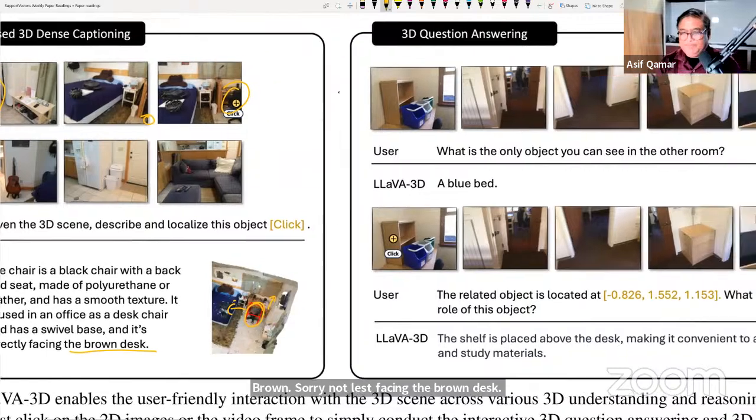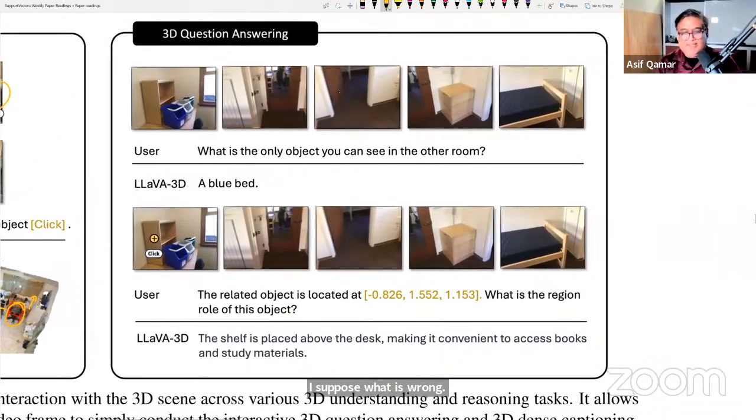So it did it. This is a little bit more interesting, 3D question answering. You're asked, what is the only object you can see in the other room? Implicit is that there are 2 rooms here. If you look at the first picture, there seems to be the stuff. Second picture. In the third picture, there seems to be another room, a door visible.